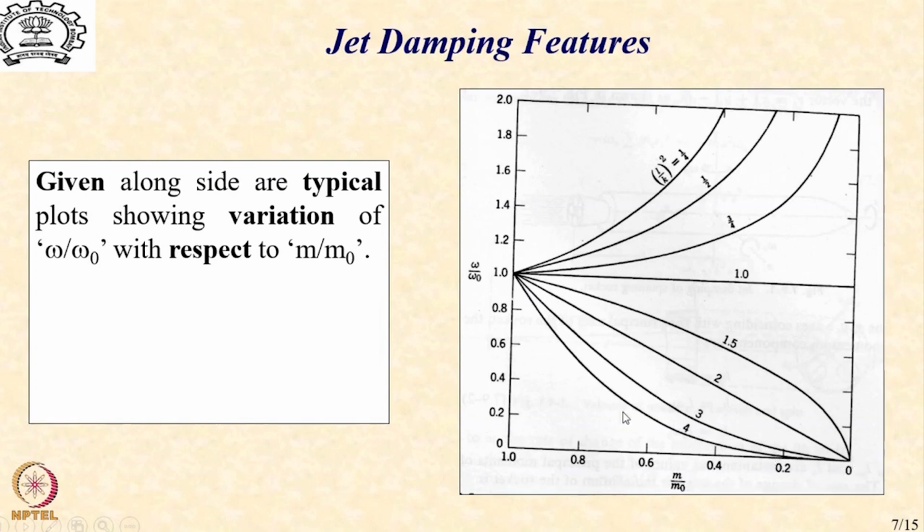This indicates that an initial angular disturbance generating an angular velocity omega naught will automatically decay to 0 just by the fact that your mass is continuously decreasing without having to take any other external action.